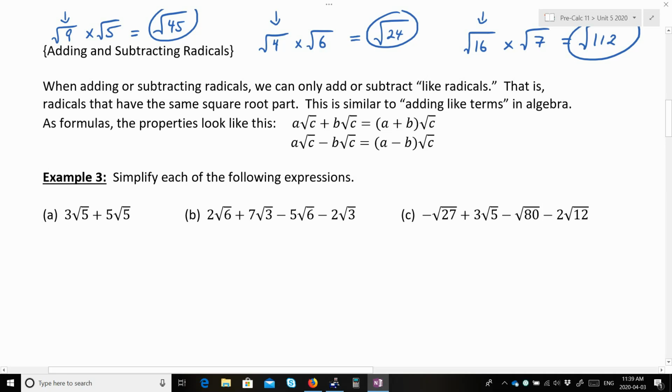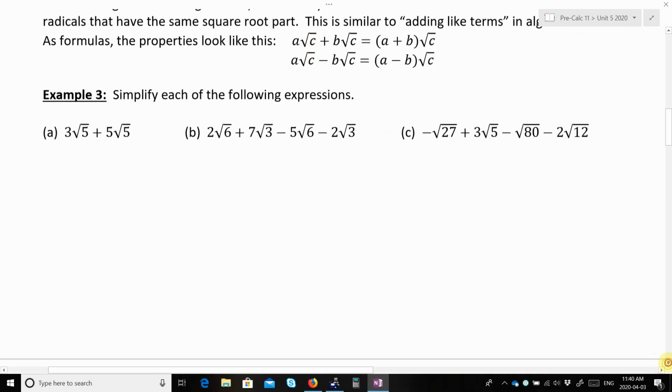As formulas, the properties look like this. If you have a root c plus b root c, you can add the numbers in front and put that in front of root c. Similarly with subtraction, a root c minus b root c, you subtract the coefficients, a minus b, and put that in front of root c. So if we look at example 3, simplify each of the following expressions.